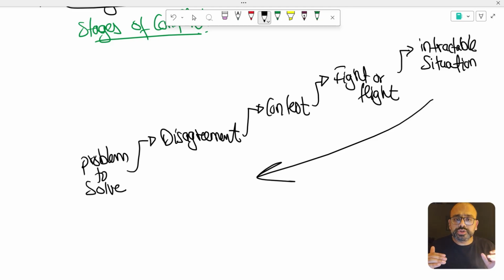Lower their emotions down, enforce the ground rules. If they are at the disagreement stage, try to listen to them and give them solutions so that they solve the problem on their own. But this is the very first stage, problem to solve. This is the stage where collaboration takes place, and it is the best stage you need to bring the team to.